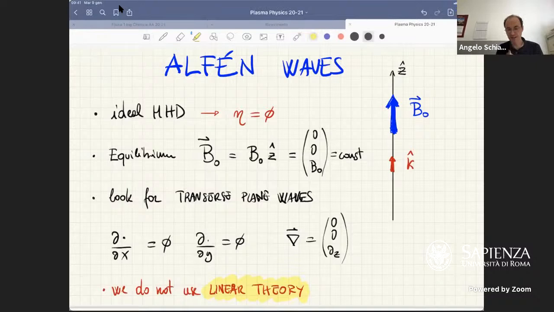This meant that the amplitude of the wave has to be smaller than the equilibrium values. Think, for instance, of acoustic waves. Acoustic waves are small perturbations in pressure with respect to the atmospheric value of the pressure.